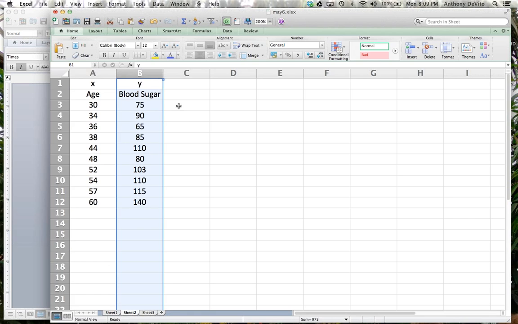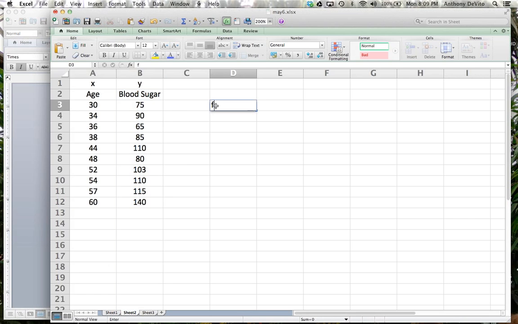And we define formulas as a function of x is equal to some formula, or instead of function of x, frequently we use y in place of function of x. Okay, y is equal to some function of x. So y is determined by the value of x.